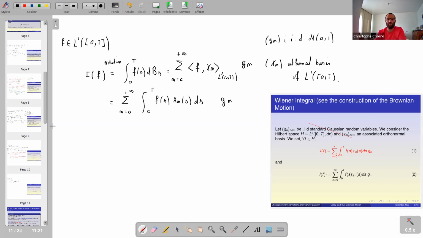So it's what I have defined here as the Wiener integral.